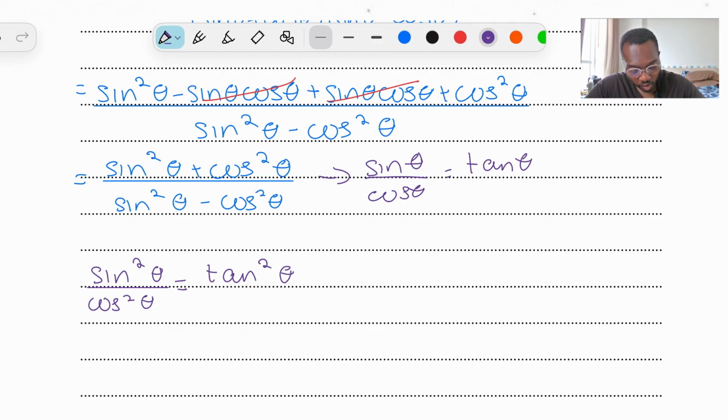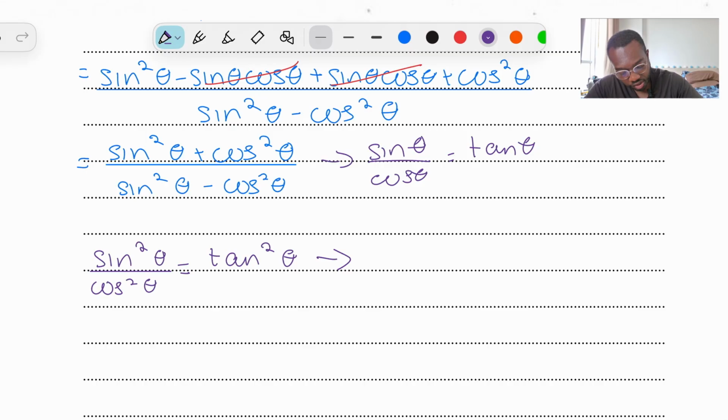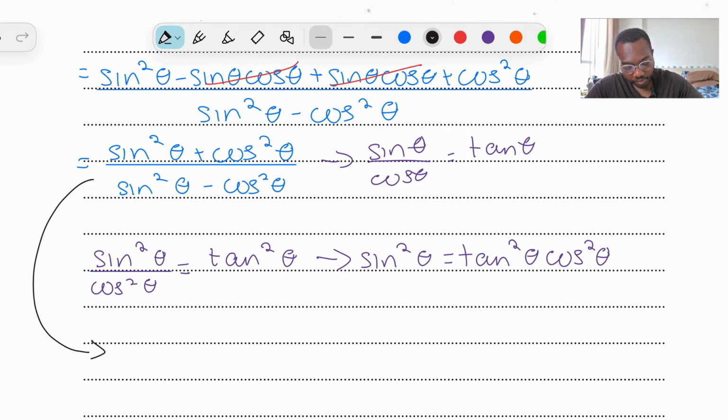So now that we know that, if we multiply by that cos squared theta, we know that sine squared theta is equal to tan squared theta times cos squared theta. So now we've got that. Well, now we have an expression for sine squared theta in terms of tan squared theta and cos squared theta. So now let's replace our sine squared theta with that value, okay?